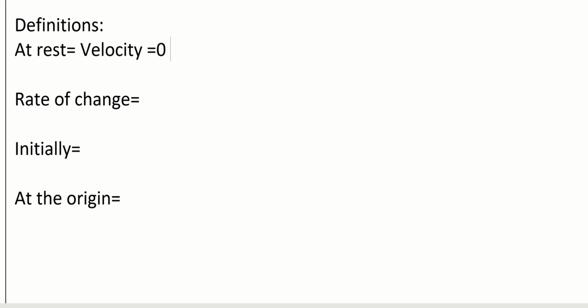So it doesn't mean displacement is 0. And the same thing with acceleration. You could sit in your car, not be moving, and push your accelerator pedal. So you can have an acceleration still when you're at rest. So when we talk about some object being at rest, we're talking about the velocity being 0.